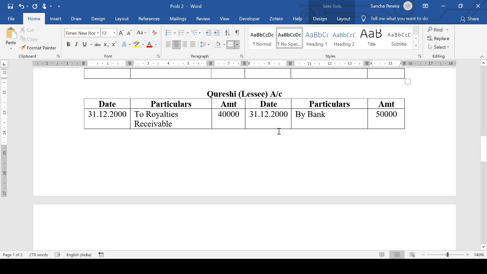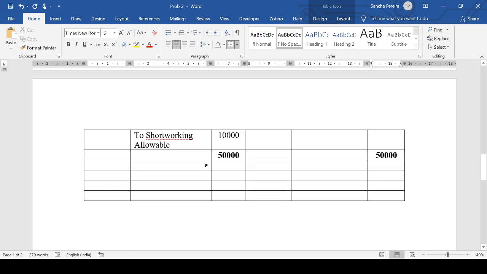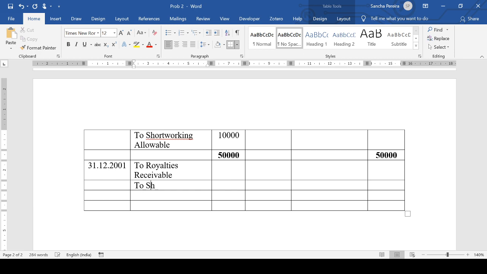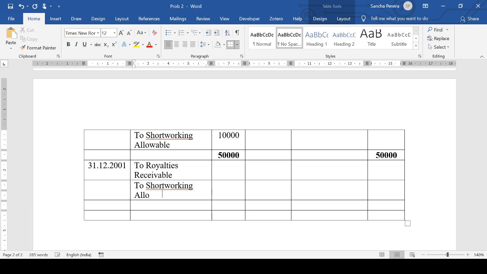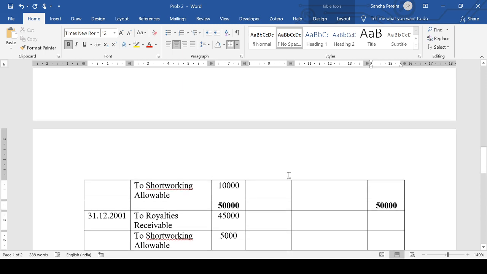And since the entry is Qureshi account debit to royalties receivable to short working allowable, here we have two royalties receivable. Okay. So we have posted the first entry.